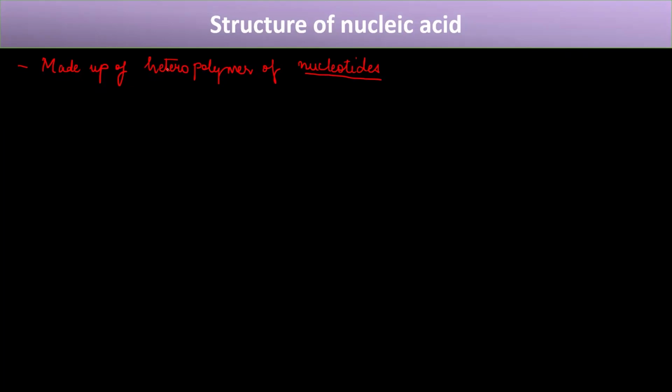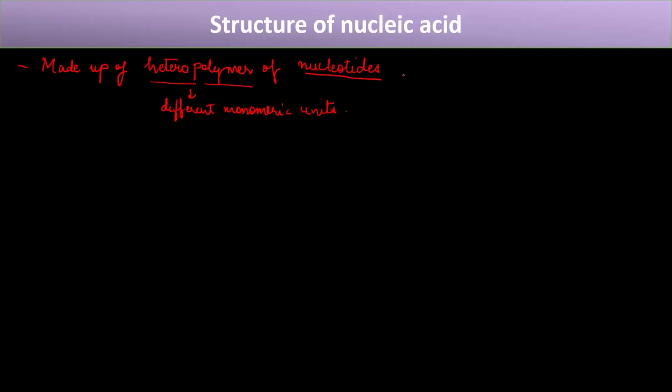So what do we mean by heteropolymer? Till now we have developed this understanding that hetero means different monomeric units. So the nucleic acid does not have only one type of monomeric unit; it has different monomeric units, and we will see what these monomeric units are. For now, it is made up of different types of monomeric units.